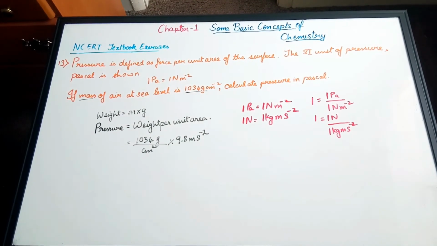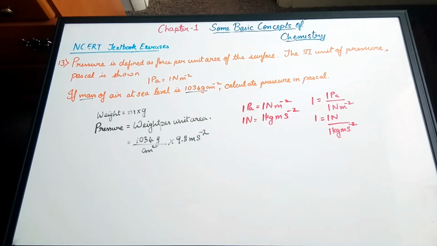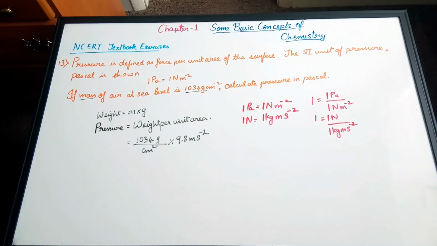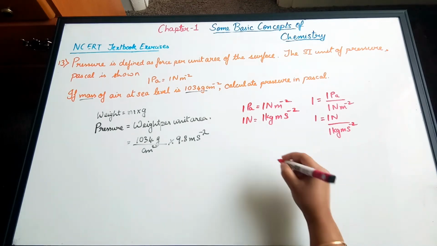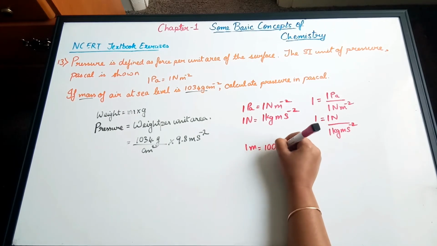Okay, so now we have a meter over here, right? And we also have centimeter in this equation. So this centimeter square has to be cancelled. So 1 meter equals 100 centimeter.